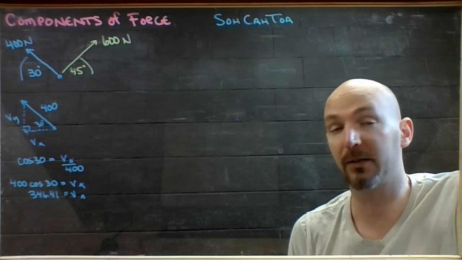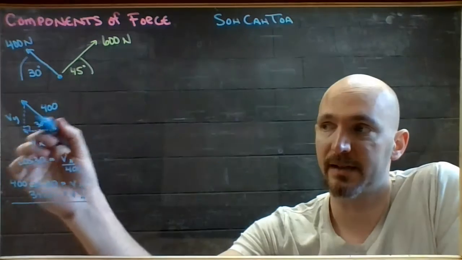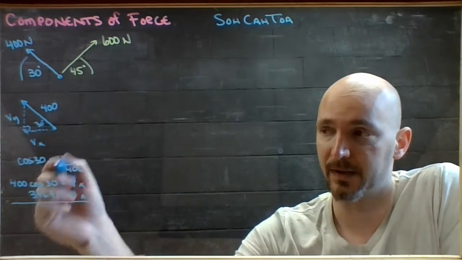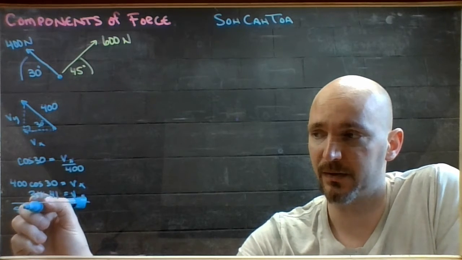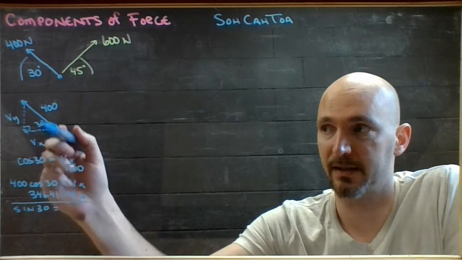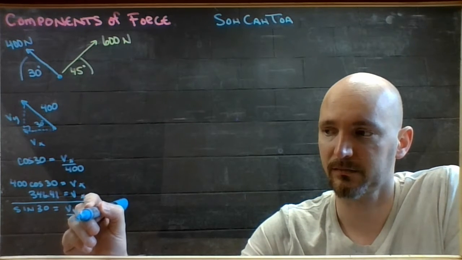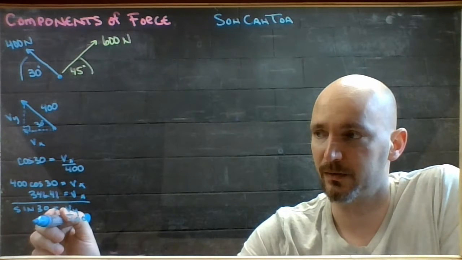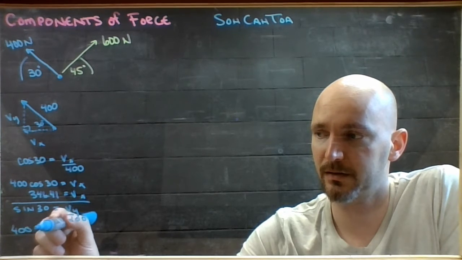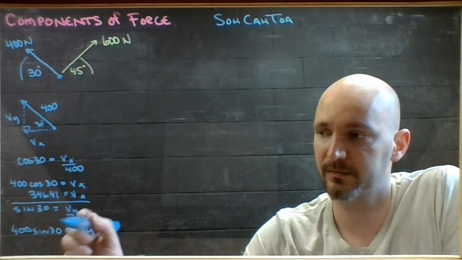Okay, now I'm going to do the same thing for y. Y is opposite of the 30, so instead of using cosine, I'm going to use sine. And sines are, according to this, opposite over hypotenuse. So 400 sine 30 should give me Vy.